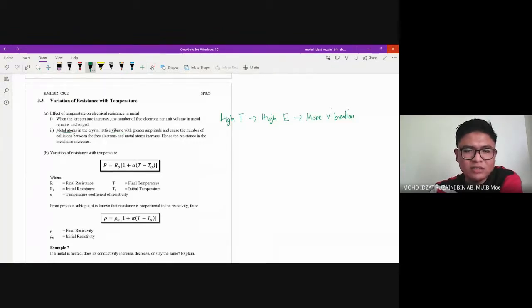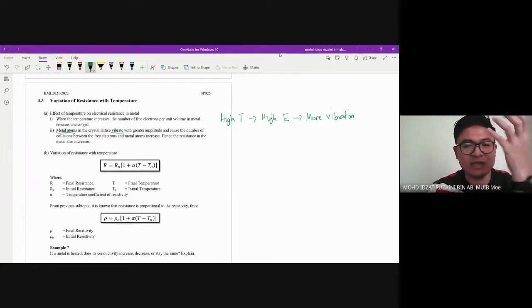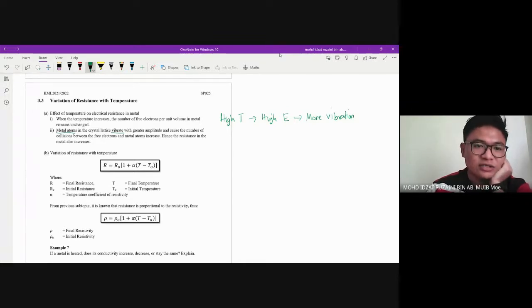Boleh faham? So bila mana dia banyak halangan untuk bergerak, maka dia punya resistance pun akan jadi tinggi. So begitulah. Okay, so kamu kena faham di situ kenapa berlakunya high resistance when the temperature increase. Okay, boleh faham?